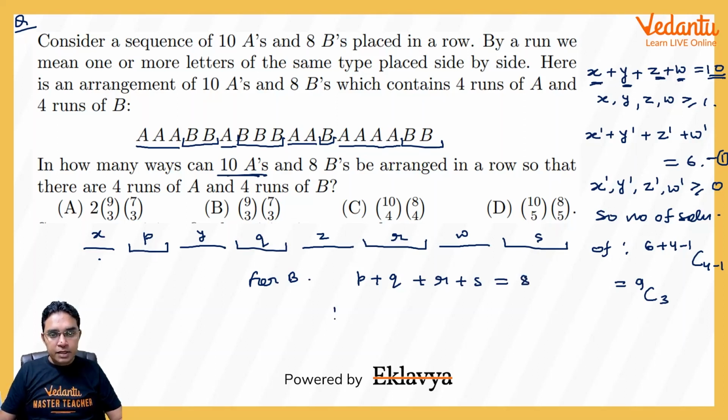And once again P, Q, R, S each have to be at least 1. So here we will be giving 4 coins to these 4 beggars. You can write that equation once again: P dash plus Q dash plus R dash plus S dash is equal to 4. So the number of solutions would be 4 plus 4 minus 1, which is 7C3.